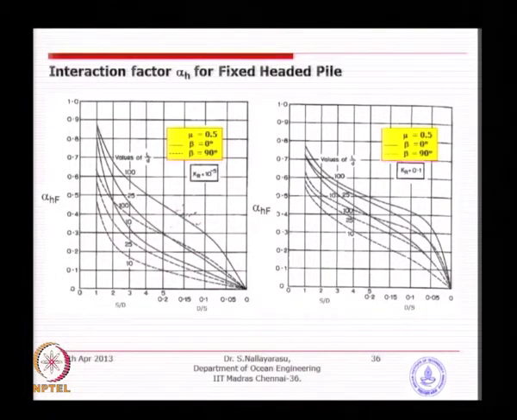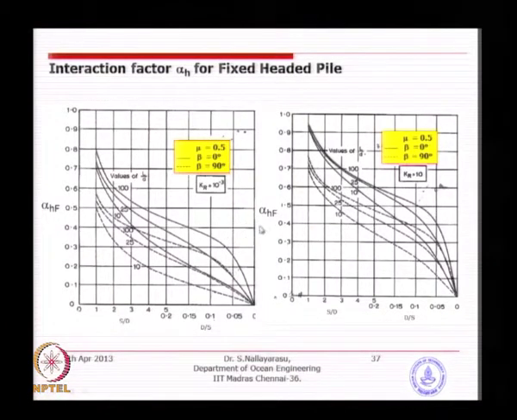Instead of buying software, you can use these charts and approximate slightly, because you can see here the values can jump from very big to small unless you are careful in calculating the Kr value correctly and reading the chart carefully, because it may influence the result considerably. So, this is for two different values of Kr, and the solid line is for 0 degree and the dotted line is for 90 degree. That means perpendicular loading, and the mu value is 0.5.